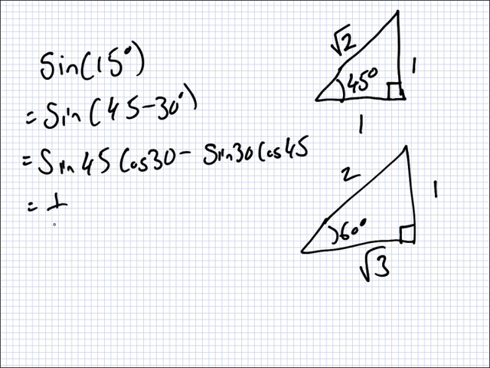That's 1 over root 2, cos 30 is root 3 over 2, sine 30 is 1 over 2, and cos 45 is 1 over root 2.